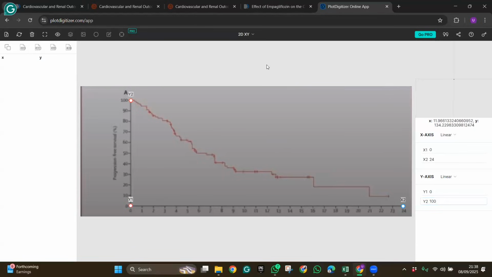Okay? Now, once you're done with placing the dots in their specific positions, on the right-hand side, do you guys see these values? There's written X 24.8 or Y. You guys see as I move my cursor on the graph, these values change.